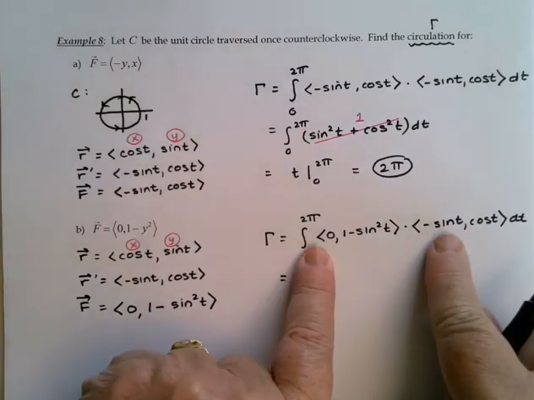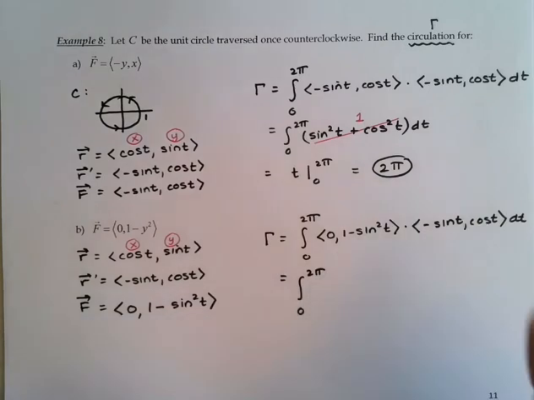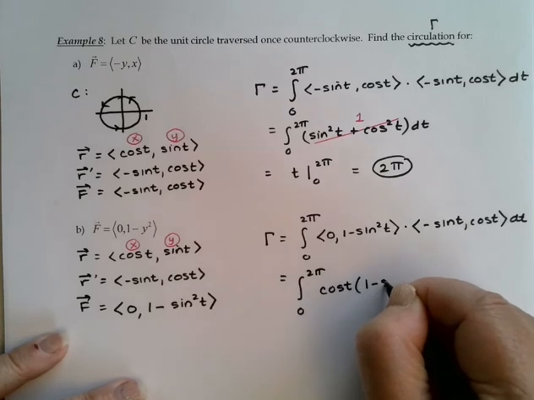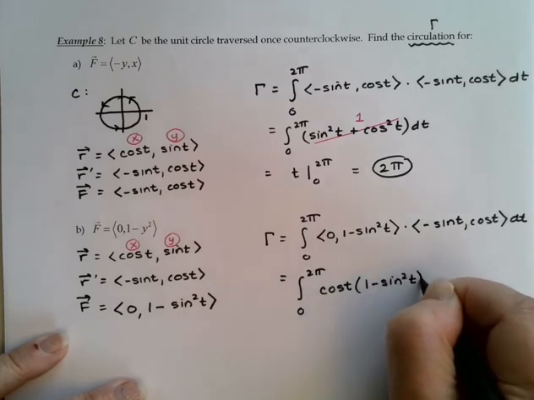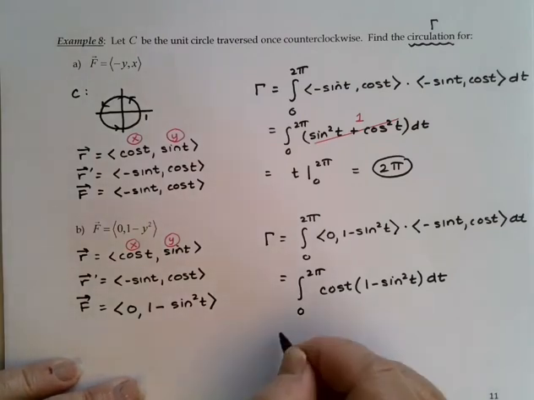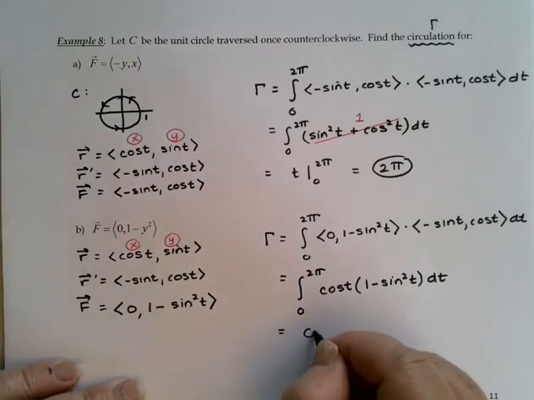And my dot product is going to give me a 0 here, and then a cosine t times 1 minus sine squared t. And once again, just to speed things up, I did this on the calculator, and I got 0.